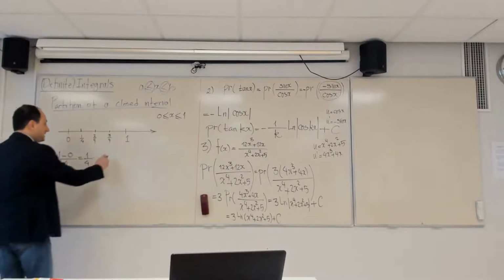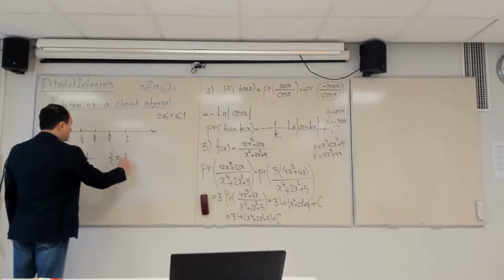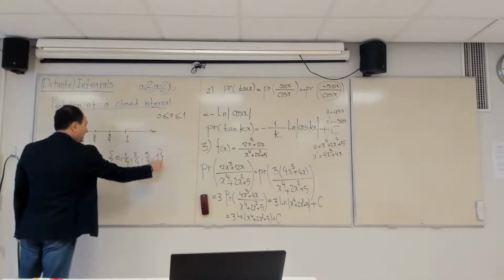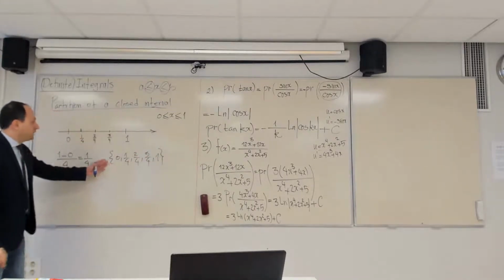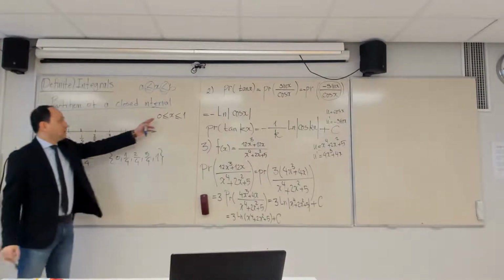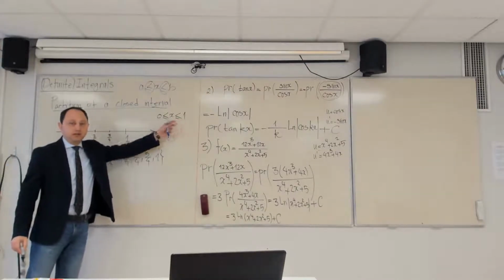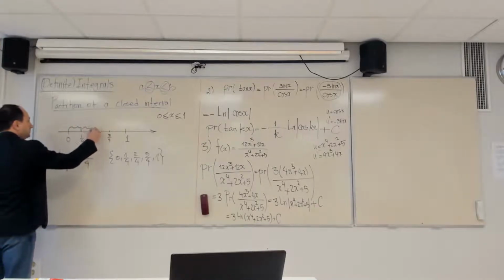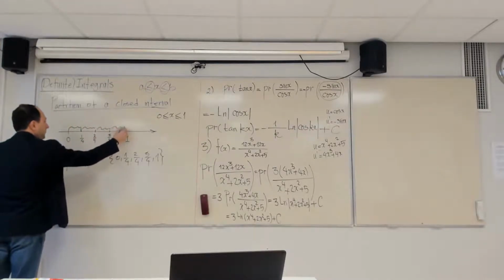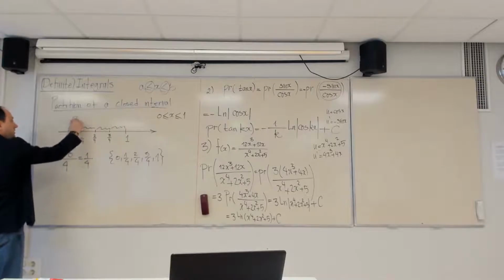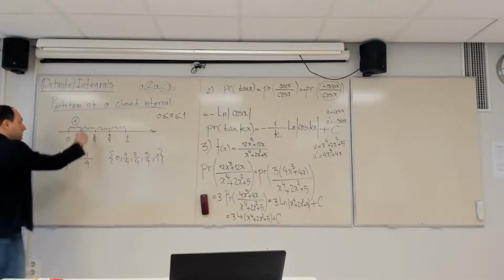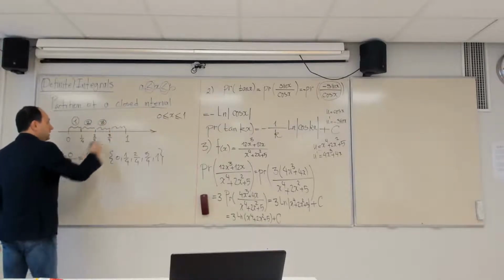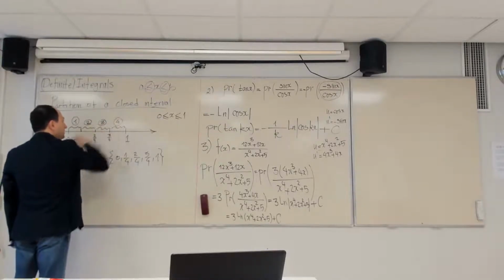So this set of 0, 1/4, 2/4, 3/4, and 1, I call a partition of the closed interval 0 to 1 into 4 subintervals. This is called the first subinterval. This is the second subinterval. This is the third subinterval. And this is the fourth subinterval.